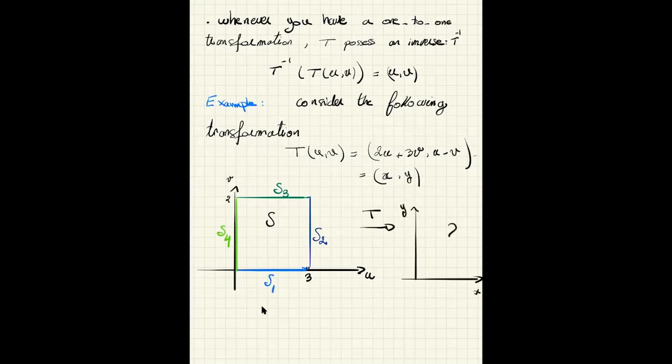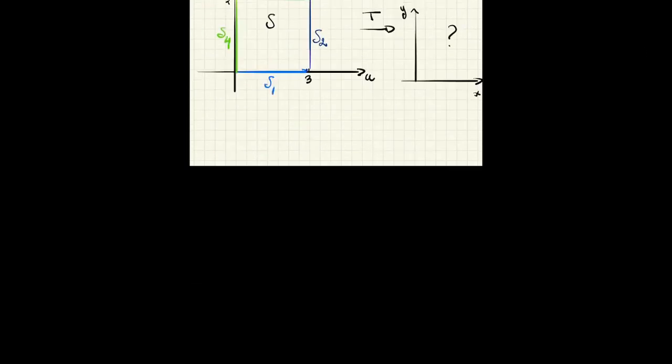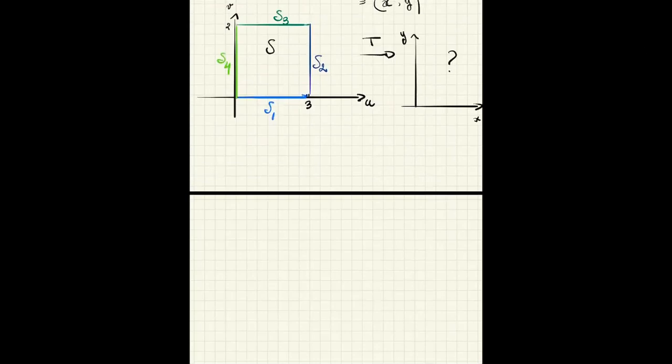So now the question: we're applying T to S. In general, you have to find S, but now it's just to explain what happens when you apply T. So you have to apply T to each boundary.